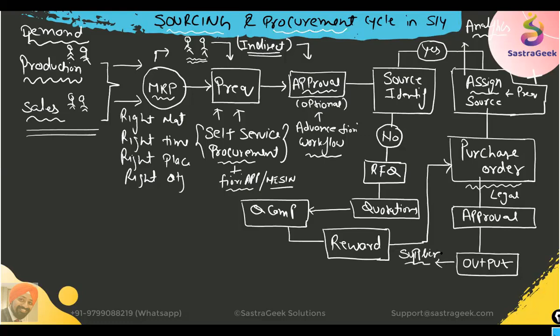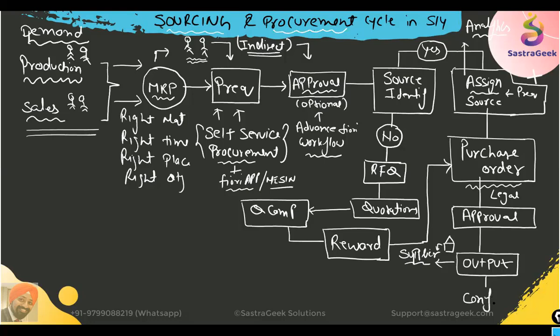Here your supplier would be informed. An email would be generated to your supplier that a purchase order has been assigned. Automatically, an email can be sent to the vendors. The purchase order has been approved and the output can be generated. And then they need to confirm back. Then they would be doing a confirmation process.